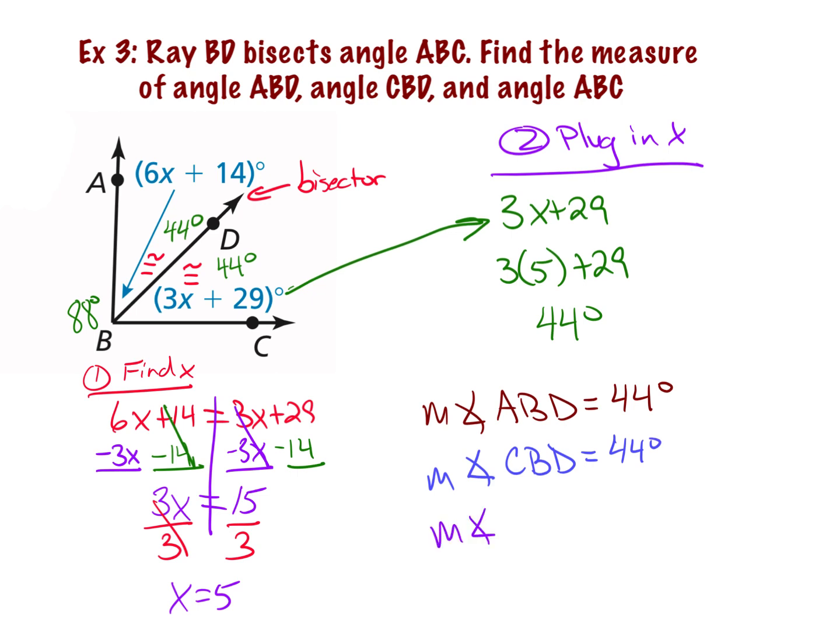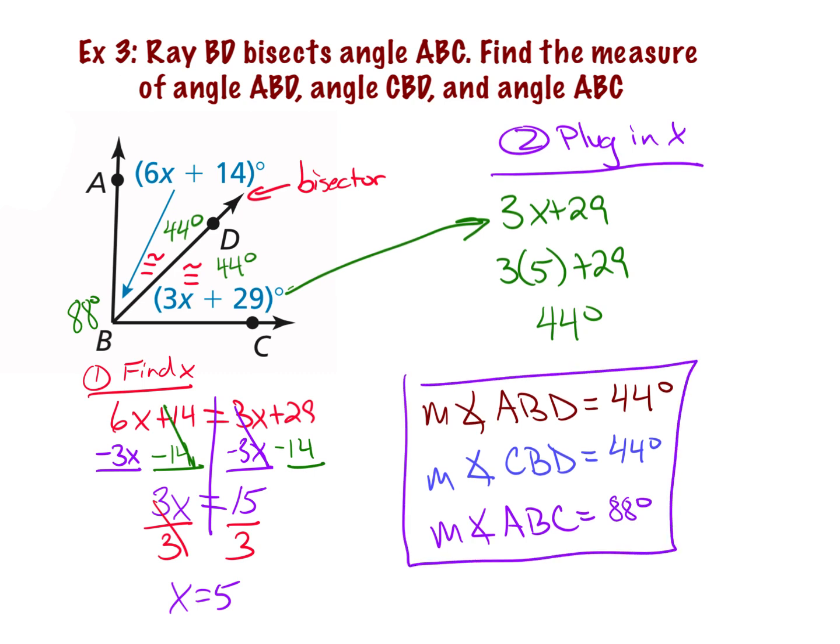And last one, measure of angle ABC. Somebody else raise your hand. Andrea? 88. Okay, you just got to make sure you know which one goes with which one. So you need to know, like, this is 44, but that's ABD. This one's DBC, and then this one's ABC. That's it.